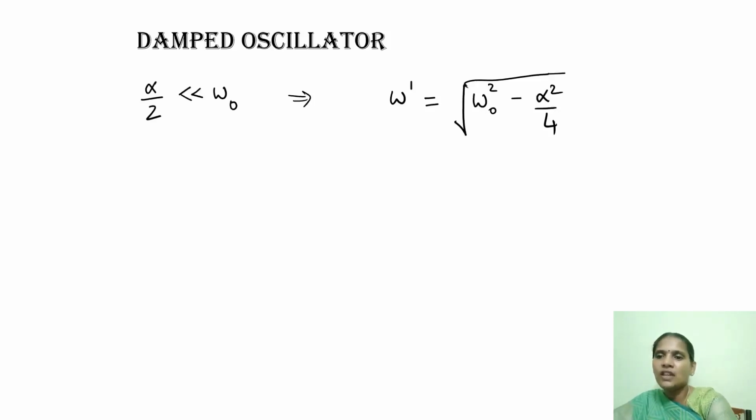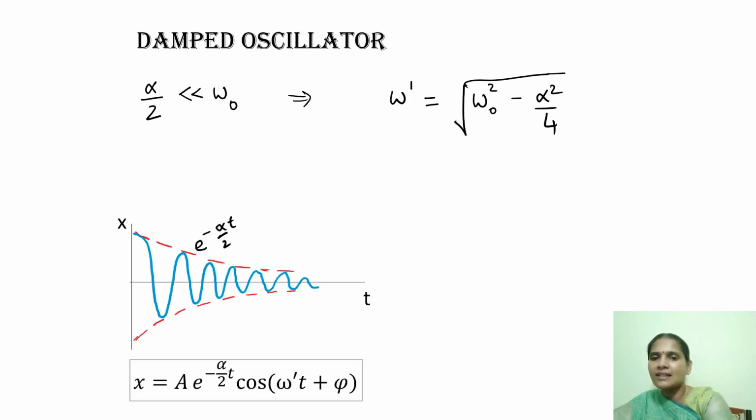The solution of the equation is given as x equal to A e power minus alpha by 2 t cos (omega prime t plus phi). The oscillation is slowly damped and the envelope of the amplitude is an exponential curve. So in a damped oscillator or in real systems, the damping plays a vital role and hence the amplitude decays with respect to time.